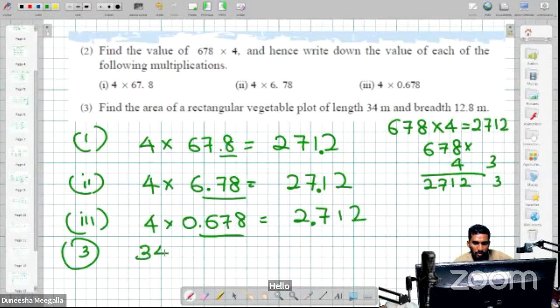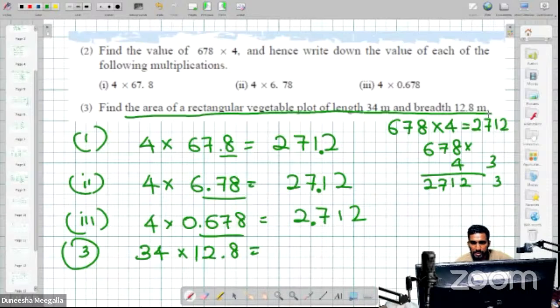Okay, 34 multiplied by 12.8. What is the answer? Area again. Find the area of the rectangle. Length is 34 meters and width is 12.8. You have to multiply 128 by 34.